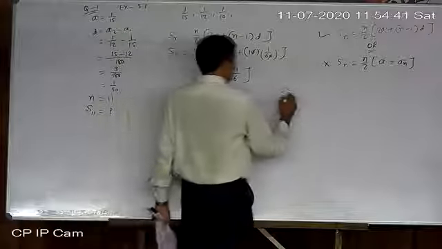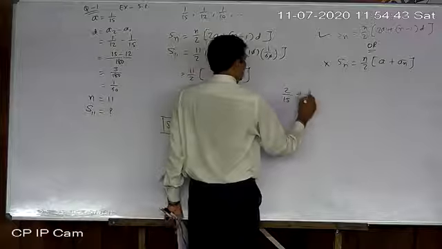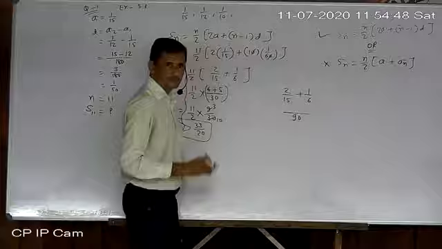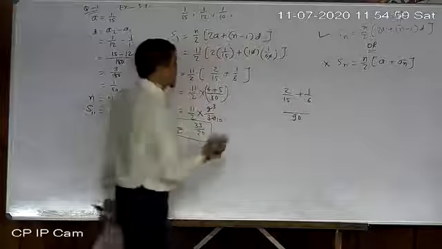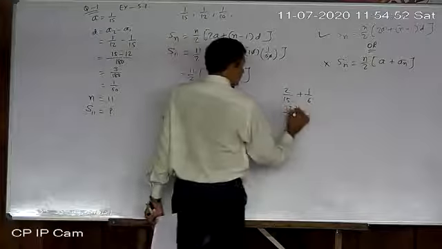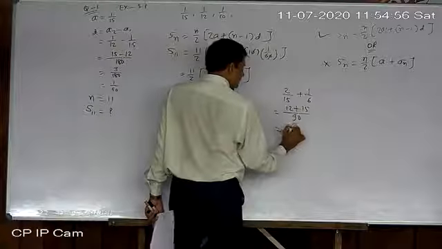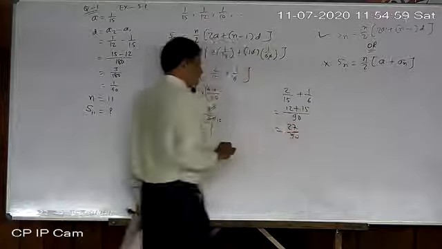Suppose you don't want to take the LCM, then just cross multiply. You just perform cross multiplication. So 2 6 is 12, 15 1 is 15, so it will be 27 upon 90.